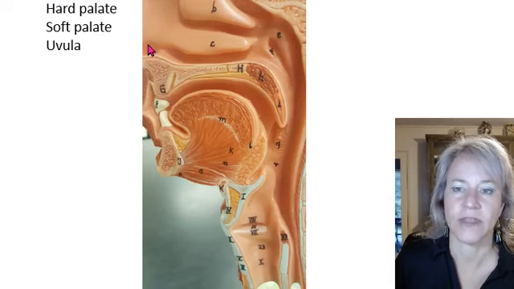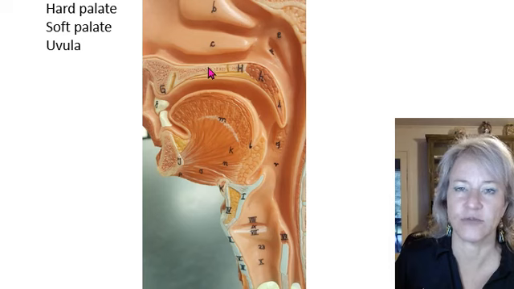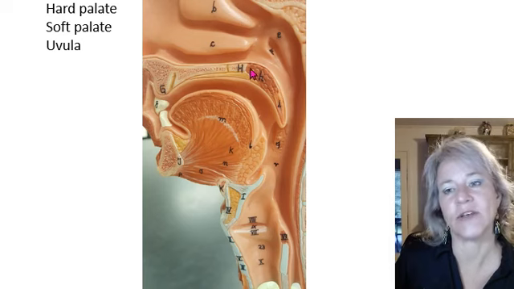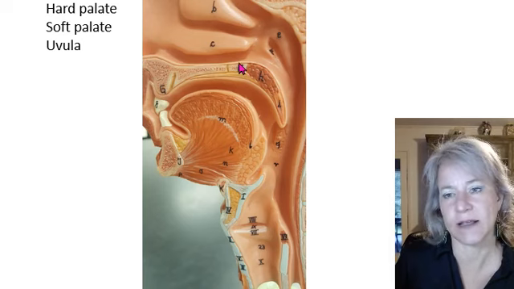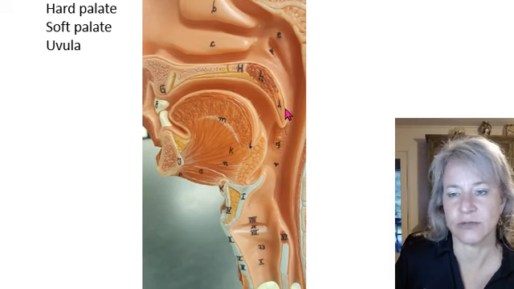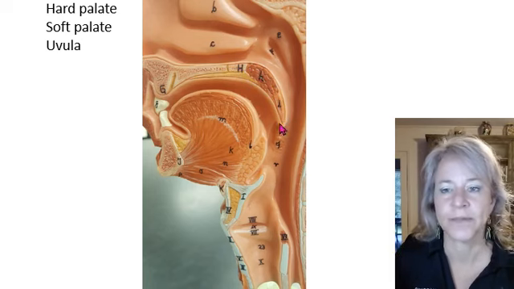Okay, now on the half head model, we have the hard palate. You can see that there's actual bone making up the hard palate, the roof of the mouth. And then you have the soft palate, which is like smooth muscle and just tissue, and then the hanging down part, which is the uvula.